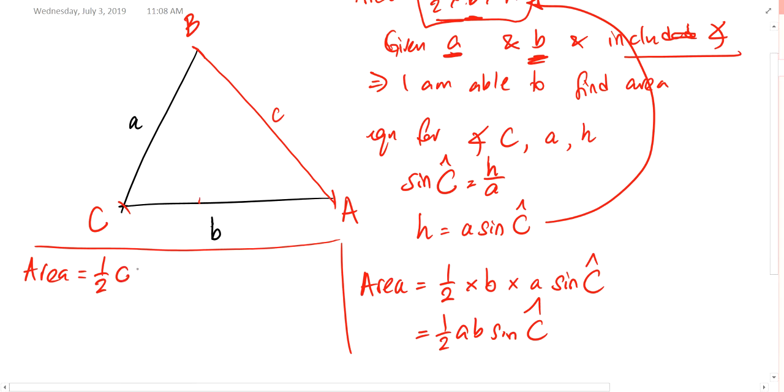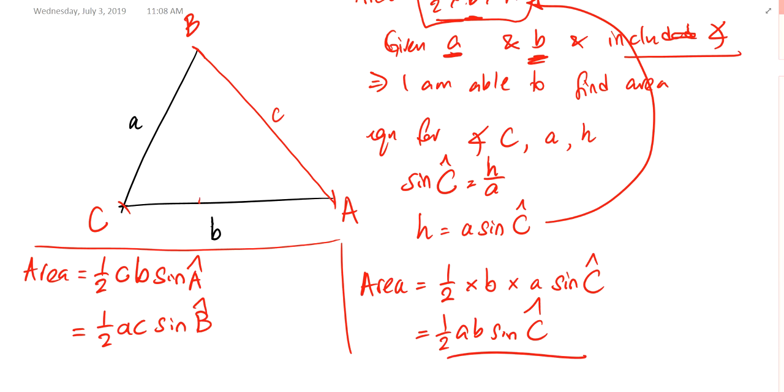Half CB sine A. Good. Which is also equal to half, half AB sine C is here already, half AC sine B.